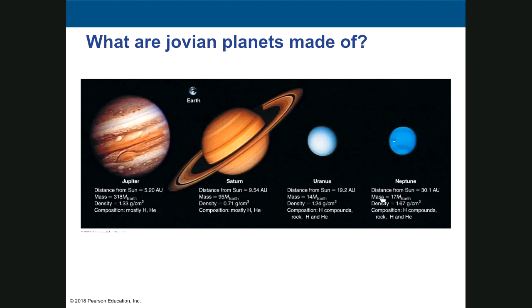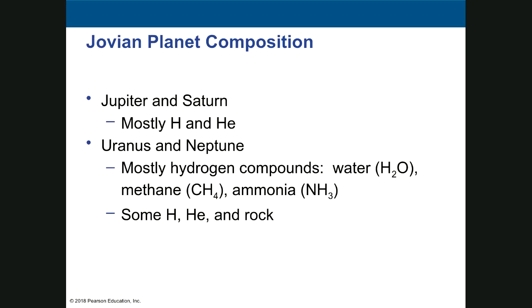Earth is about 10 times smaller than these planets, and these guys are about 10 times smaller than the big ones. We'll look at their compositions and where they get their colors. You'll notice the big planets are mostly hydrogen and helium, and the little bluish and green ones have hydrogen compounds like methane and ammonia.